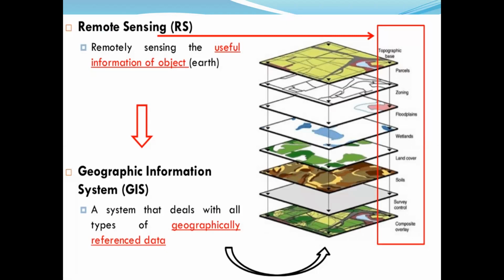Remote sensing gives useful information about objects on this Earth, and GIS is a system that deals with all types of geographically referenced data. As you can see, on Earth we have different features, such as land cover, soil, water, and hydrology.